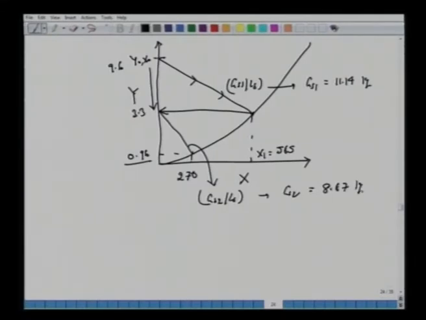Or look at it this way: the slope of this curve is tan theta, this divided by this number. So GS1 over LS is nothing but this by this. From this also we can get GS1. And similarly for this, here we have 3.3, this is 0.96, so this segment divided by this segment is 2.72. From this also we can get GS2 over LS and obtain the same answer as before.